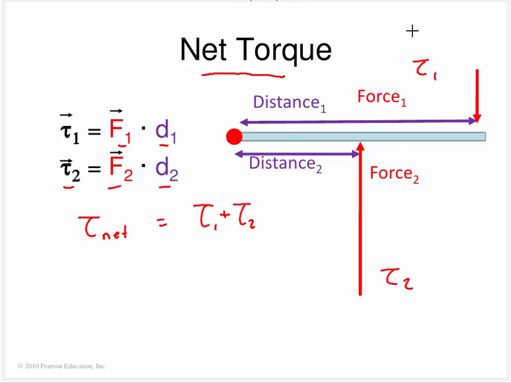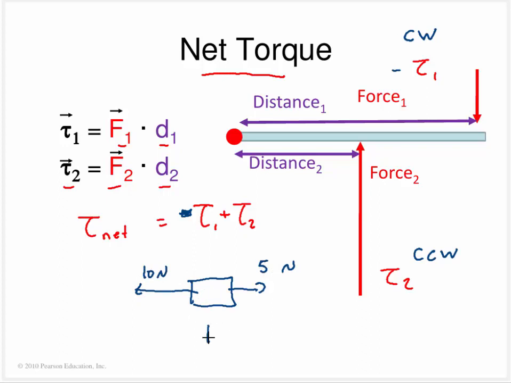One thing we have to pay attention to is this guy is going to be clockwise, and this guy is going to be counterclockwise, so they're going to add and subtract. This guy is going to be negative, so we put a negative sign right there. This is just like forces, where if we had a force of 5 newtons in this direction and a force of 10 newtons in this direction, then the net force is going to be 5 newtons in this direction. The same is true for torques.